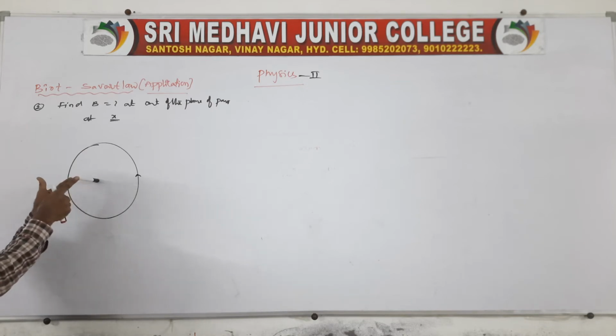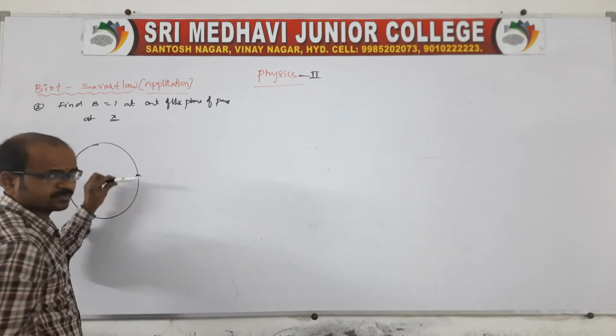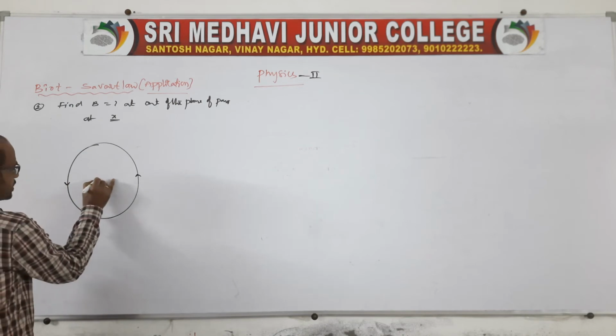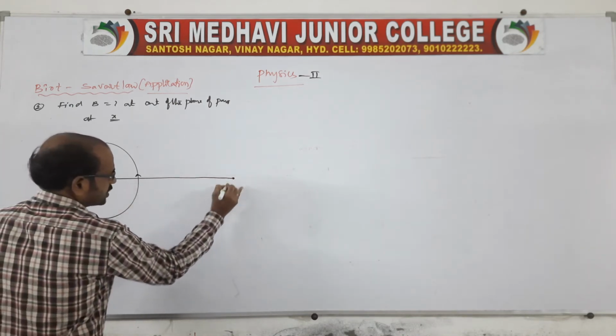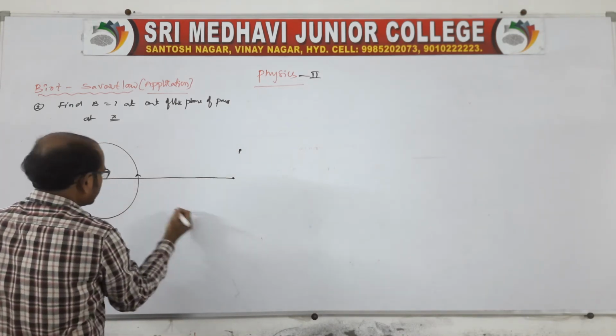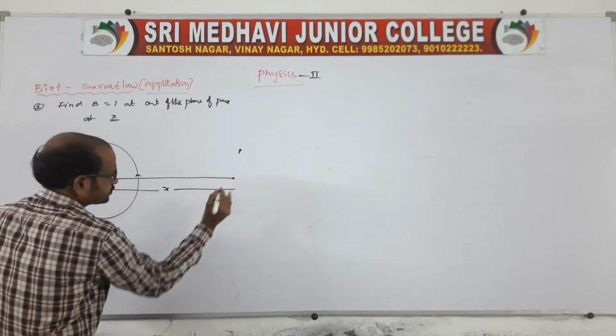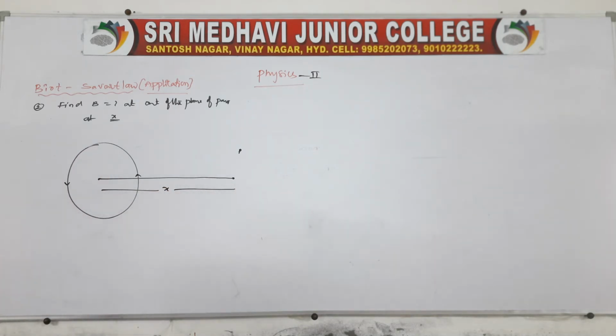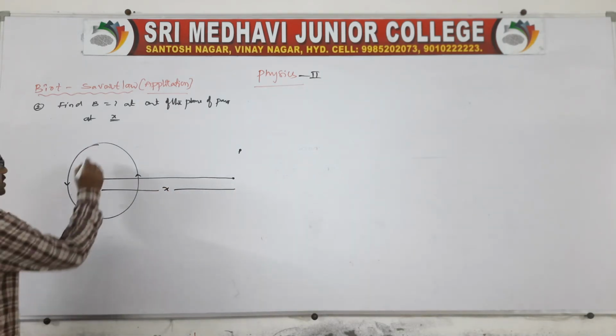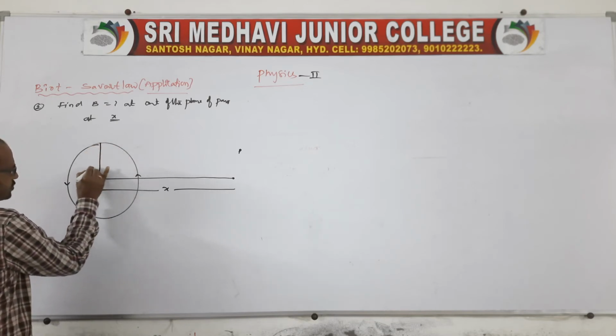It is not possible to draw the center line, no? So you take a line like this. By using this, there will be a magnetic induction acting at a point P at a distance x from the center. Of course, the radius of the circular coil is, suppose, small r, right?